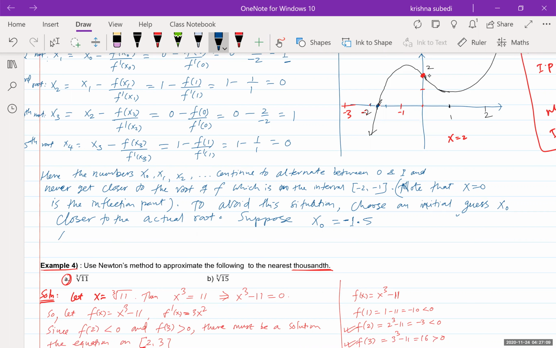So now your x1 will be, according to that formula, x naught minus f of x naught over f prime of x naught.